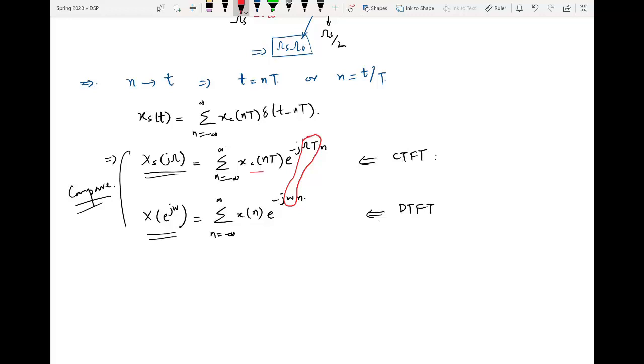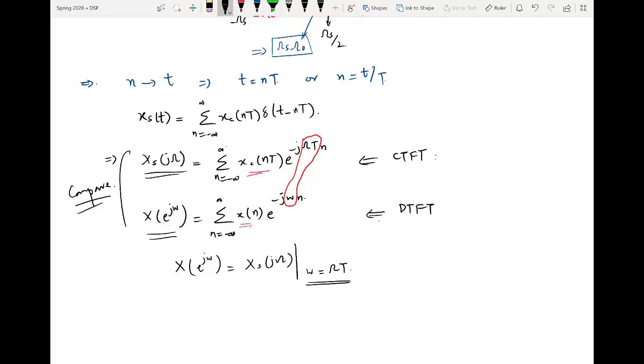After the sampling they are defined only at the integer values of time; we have just divided by the sampling period capital T. So in order to make these two equal, I can write that X of e raised to power j omega is equal to Xs of j omega when small omega is equal to capital omega times T.